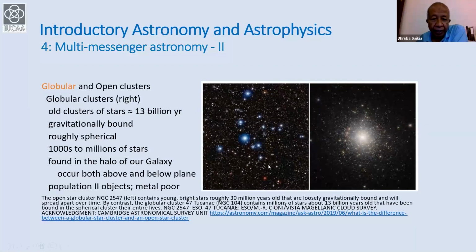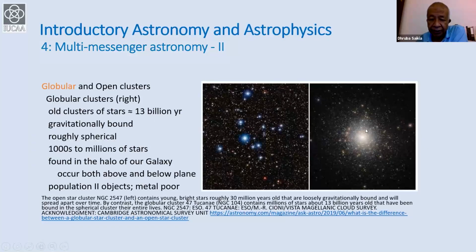Now, we'll look at this aspect in a bit more detail when we look at the evolution of stars and stellar properties. But the young stars, which are more massive, live much shorter lifetimes than less massive stars, which live much longer. And these more massive stars are what you're seeing over here in these open clusters.